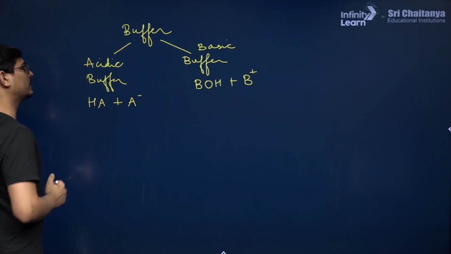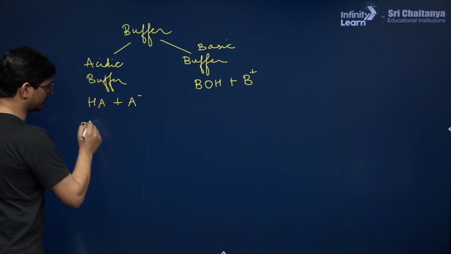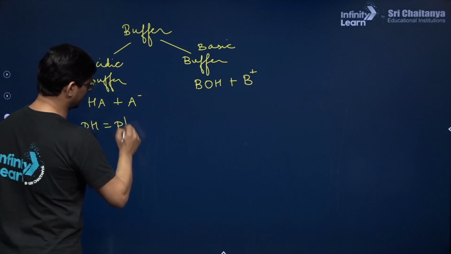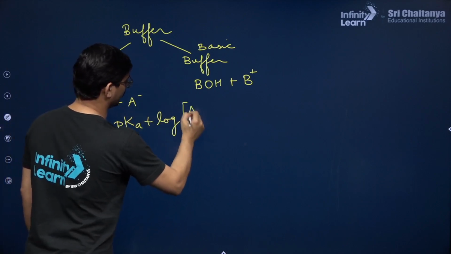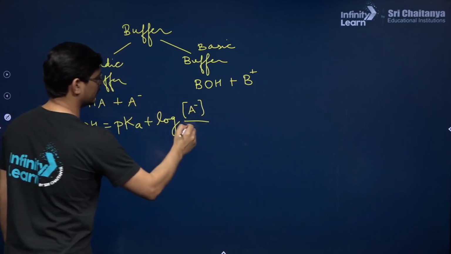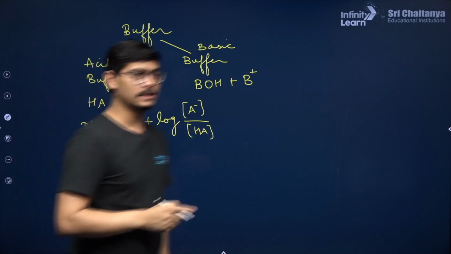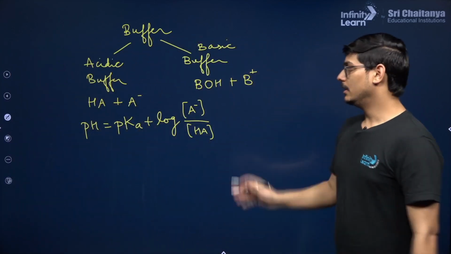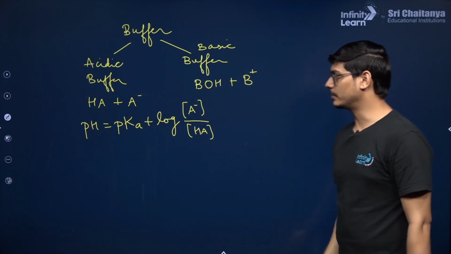Now, what are the equations to find the pH of the acidic and basic buffer? Here, the pH will be pKa of the acid plus log of the concentration of the conjugate base divided by the concentration of acid. In a basic buffer, use the same form of the equation, because it is easier to remember.